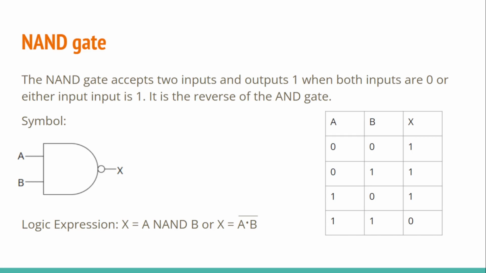Recall that the AND gate has the output of 1 only when both inputs are 1. Otherwise, the rest are 0. So this is the reverse gate for the AND gate.